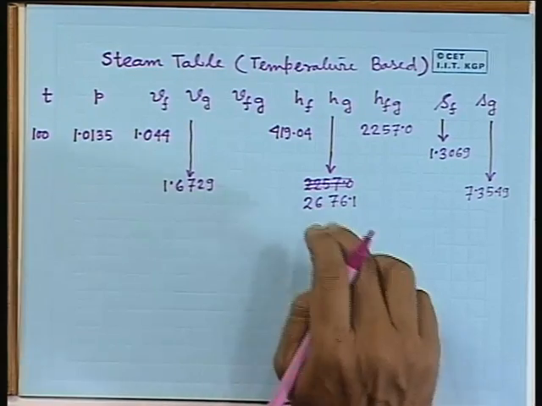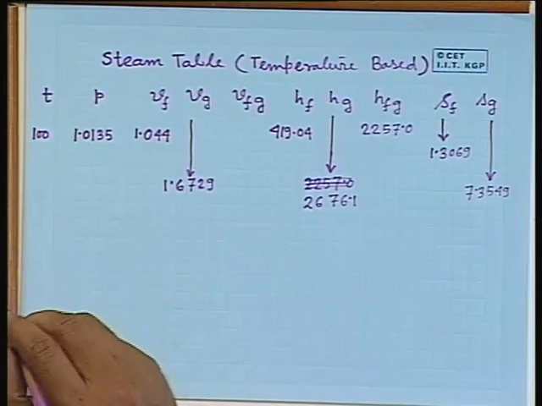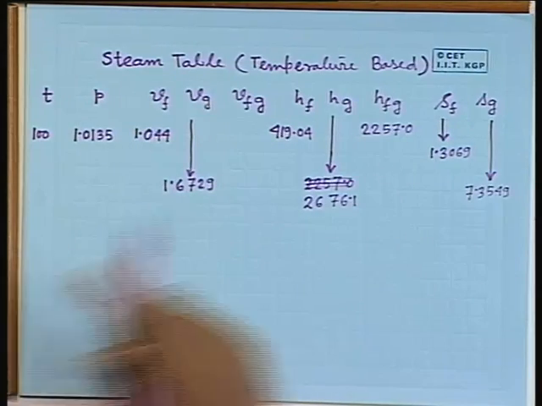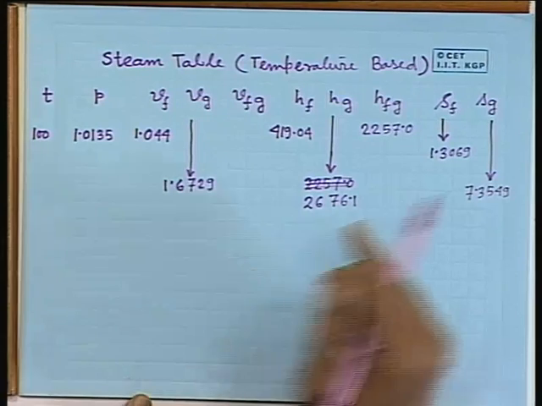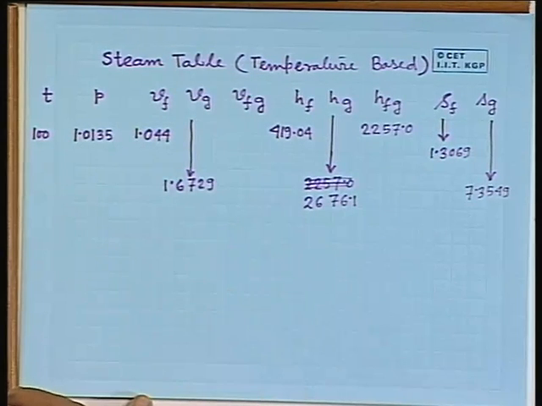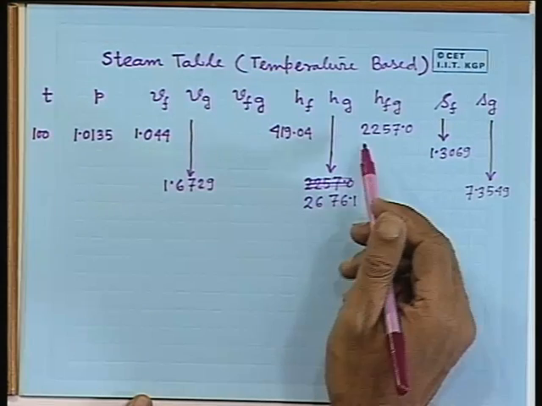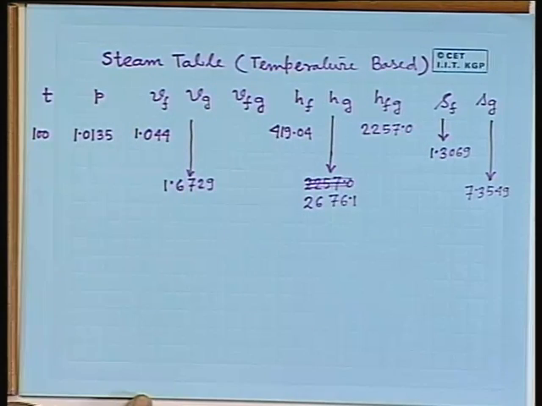That means, at atmospheric pressure or at a temperature of 100 degree Celsius, the latent heat of evaporation or condensation is 2257.0 kilojoule per kg. For the evaporation of 1 kg of water at 100 degree Celsius to 1 kg of vapor at 100 degree Celsius, we will need this much thermal energy.